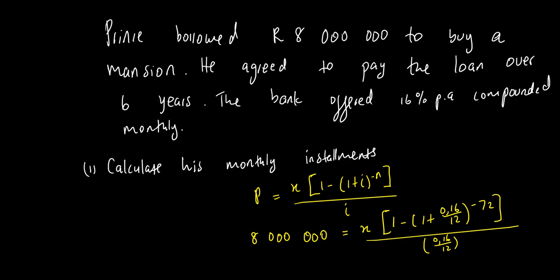8 million, 1, 2, 3. I want to build my mansion there. 0.16 over 12, all over 1 minus (1 plus 0.16 over 12) to the power of negative 72, close bracket.